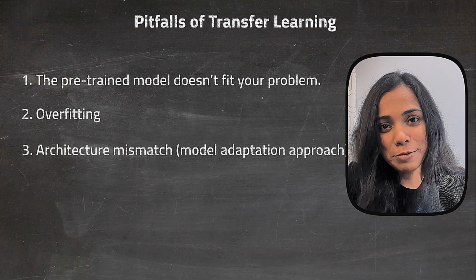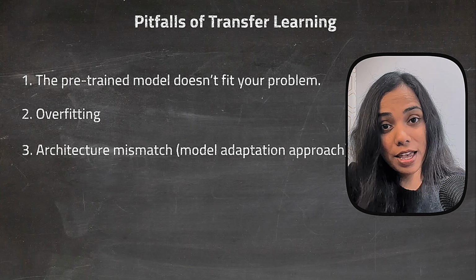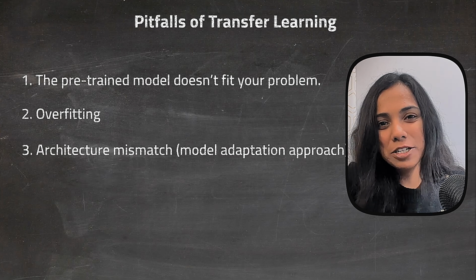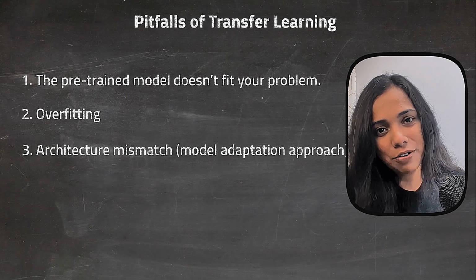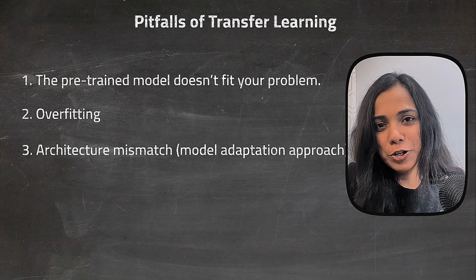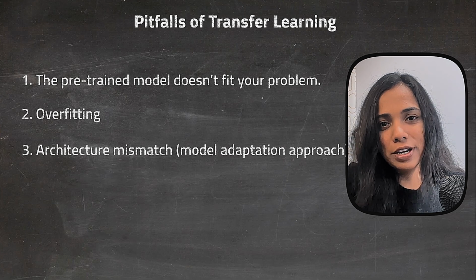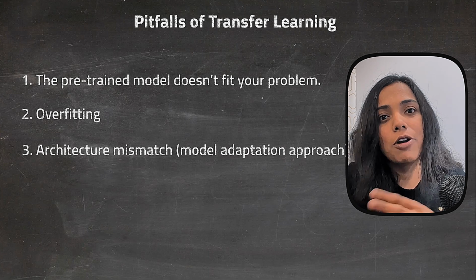If you don't do the adjustments, then you will encounter problems like dimension mismatch or incompatible operation types. So you have to make these adjustments when you are picking layers from different types of models to create your own architecture, but then you're also retaining the model weights.